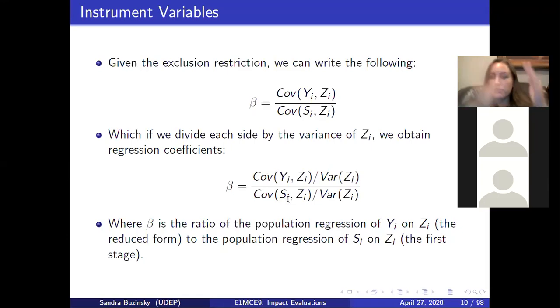So the first stage is how Zi affects our Xi, or our independent variable, and then the reduced form is Zi on Yi. So then just to find the causal effect, we need to divide our reduced form, the relationship between Zi and Yi, by the effect of Zi on Si, because we're only interested in the co-movement between Si and Zi to explain our Yi. Okay, so that's the reason for that.